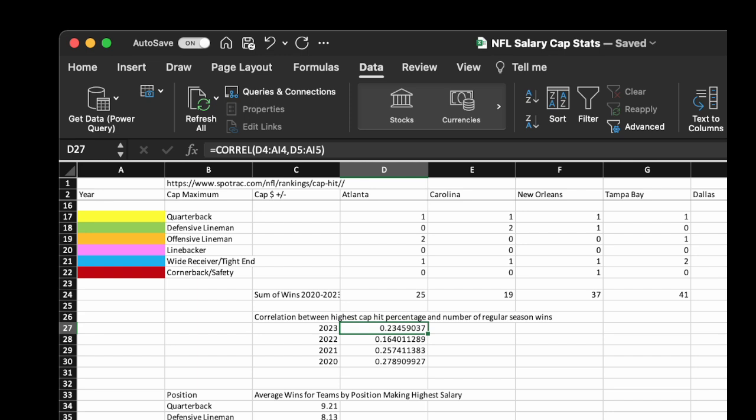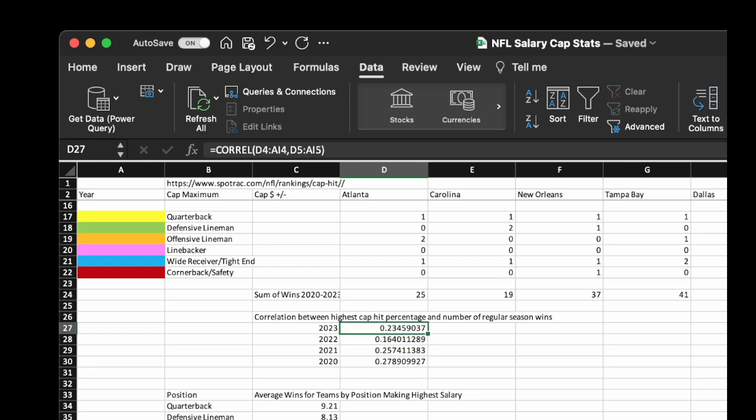Now, I did it by year, and as you can see, these are all very weak correlations. So, again, 1 is perfectly positive, so the higher percentage, the more wins. A -1 is a perfectly negative correlation, so the lower percentage, the higher amount of wins. And 0 is no correlation.